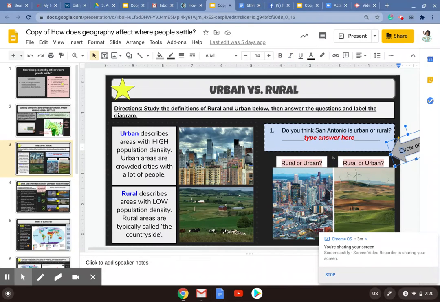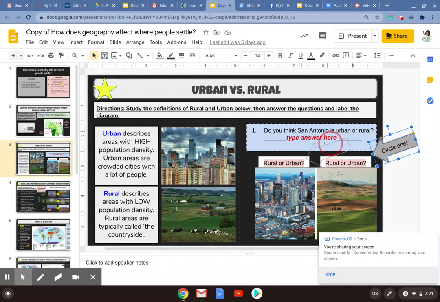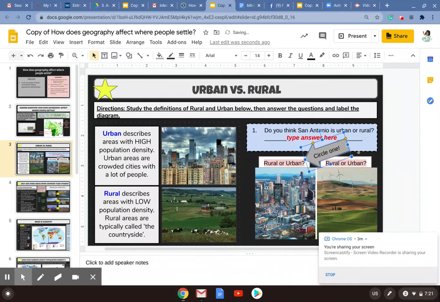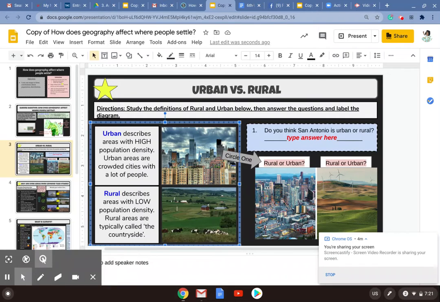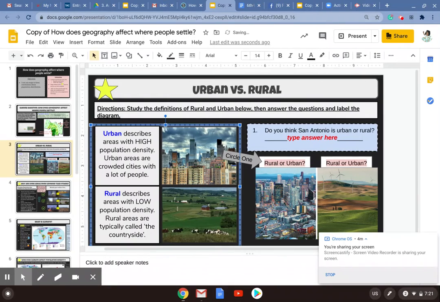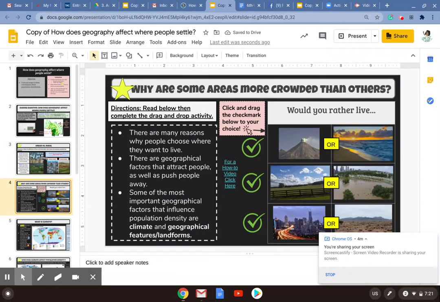And then right here where it says circle one, you need to circle one. Let me see if I can move that so you can see that. It says circle one. I'll fix that right now. Okay, I fixed it. So circle one. Then the next slide has a nice star. Why are some areas more crowded than others?